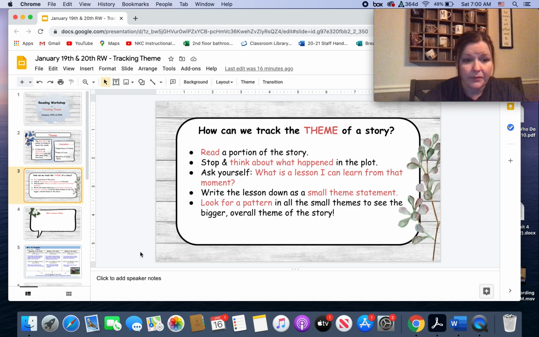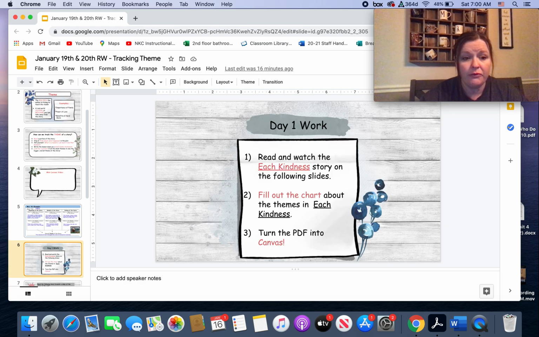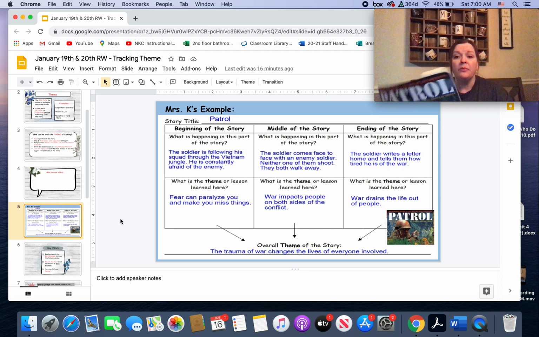Today, I want to show you an example. I'm going to use Patrol, what we just used in book clubs, because it'll be shorter. I don't have to reread the whole story for you. But as a reminder, it's a short story about a soldier in the Vietnam War and how traumatizing and fear-ridden his experience is in trying to figure out who the enemy is.